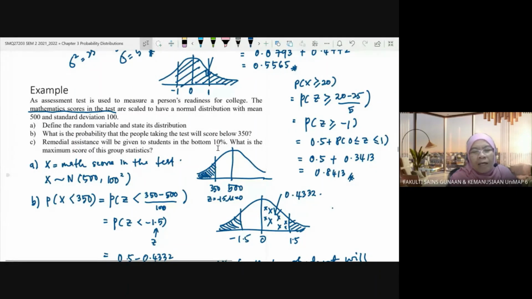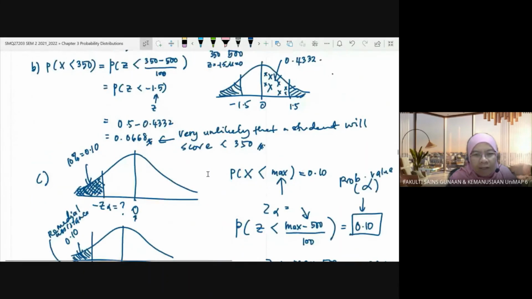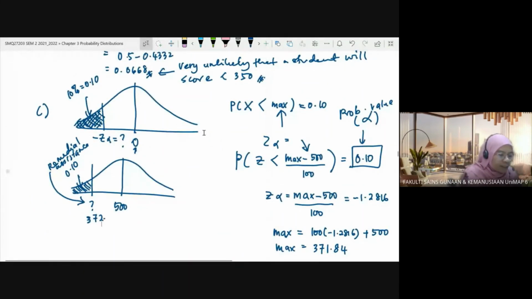If the next question is asking for the right side, then those students who are here will get prizes.